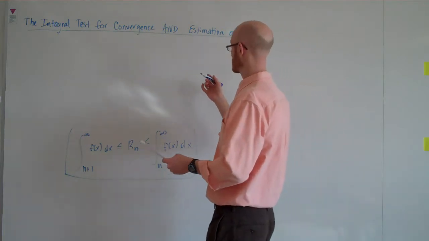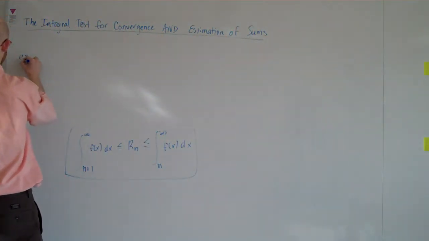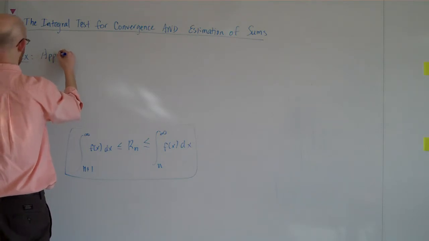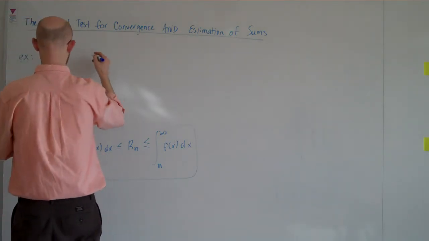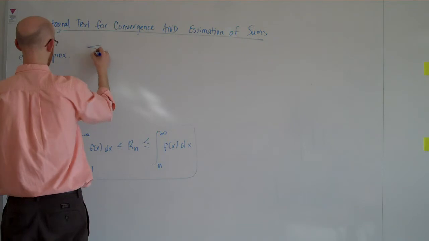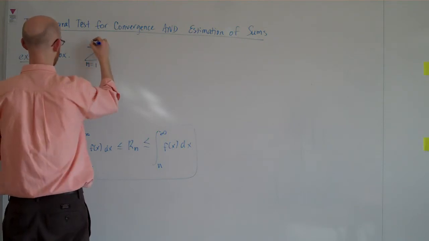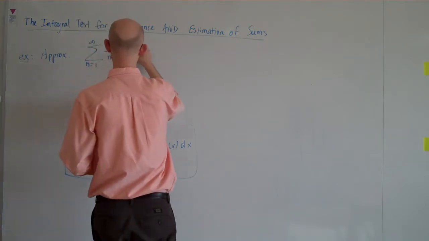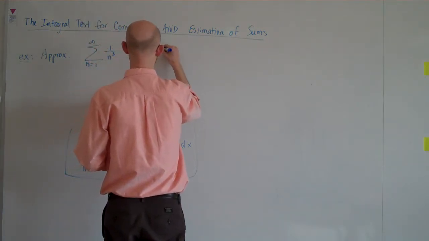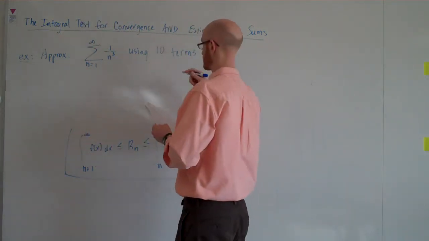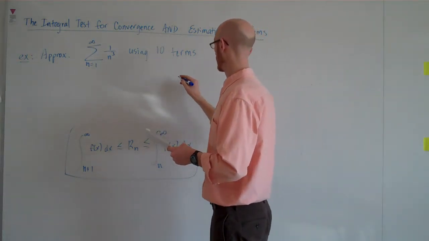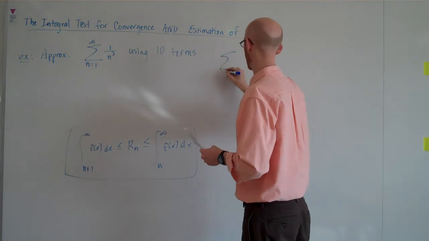Okay, so this will be the last thing that we do. We're going to approximate the sum of this using 10 terms. Maybe just sit there and plug away at your calculator until you get there.